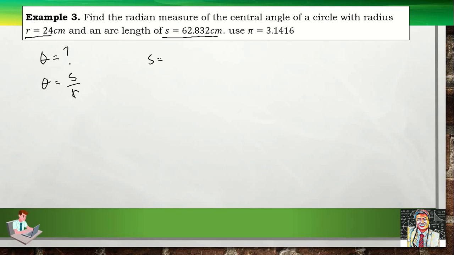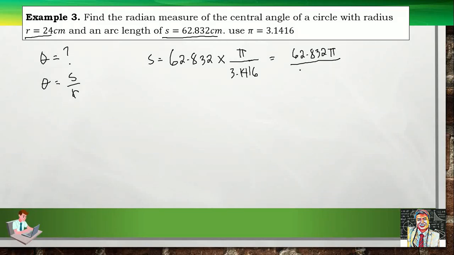So yung s natin is 62.832. Para ma-extract mo yung value ng pi diyan, magmumultiply kayo ng pi over 3.1416. Okay ha? So by multiplying, that will become 62.832 pi over 3.1416.